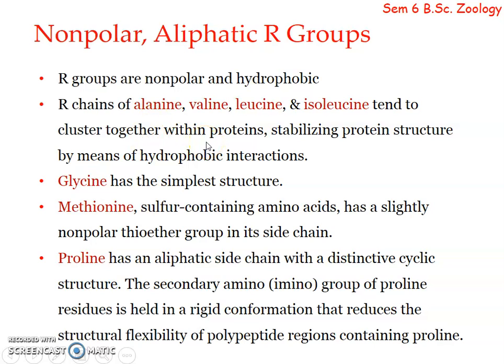When proteins form secondary and tertiary structures, the R group, which is aliphatic or hydrophobic in nature, usually tries to remain inside the protein cluster. Okay, why so? So that it can ward off interaction with the water or aqueous medium outside. Okay, so to stabilize the protein structure, it actually starts to.